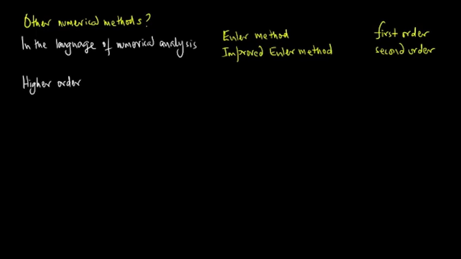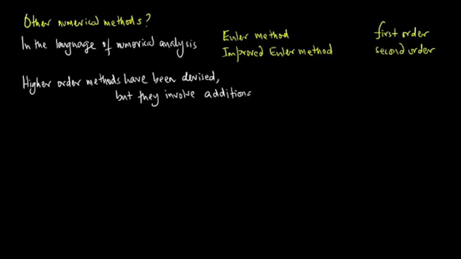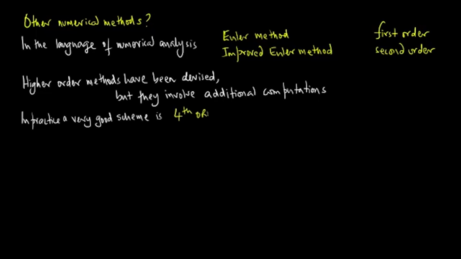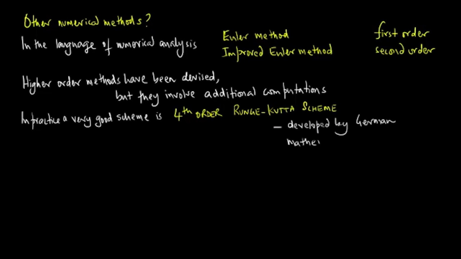Higher order methods have been devised in the literature, but they actually involve additional computations. In practice, a very good scheme is the fourth order Runge-Kutta scheme. This was actually developed by German mathematicians working in approximately 1900.